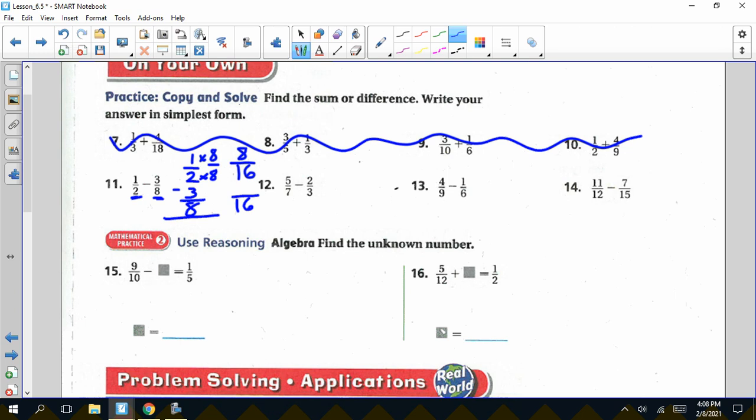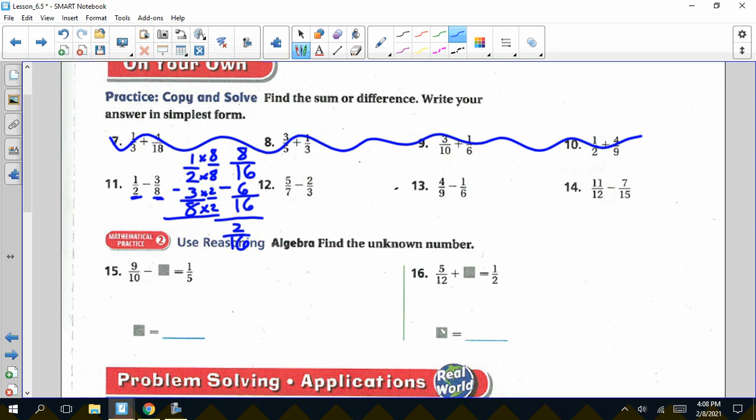The bottom fraction, 3/8, multiplied by 2 over 2, and we get 6/16. We go ahead and subtract, just like we have been. 8 minus 6 is 2 over 16. Now we have the fraction 2/16.